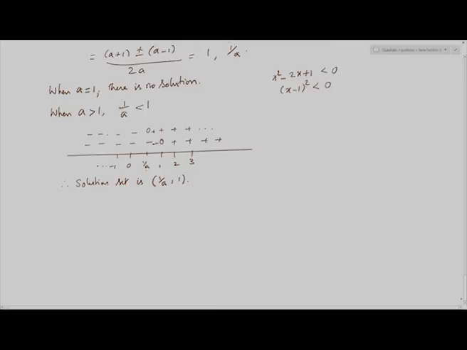Now, let us see the other case, when a is a positive number lying between 0 and 1. Therefore, 1 by a is greater than 1.